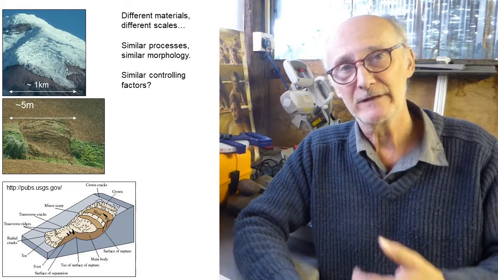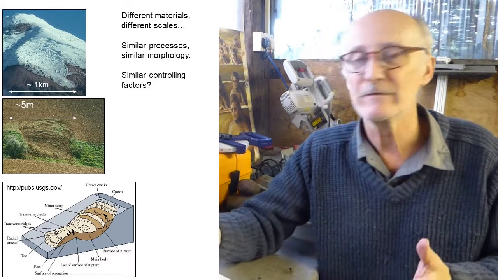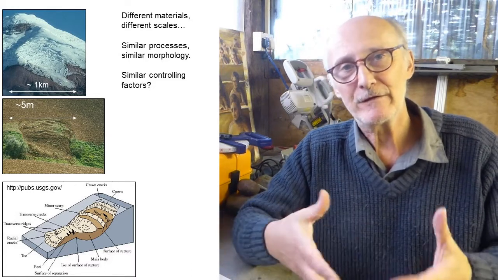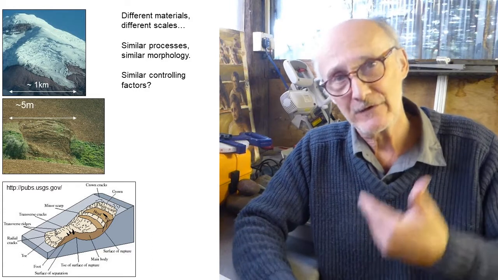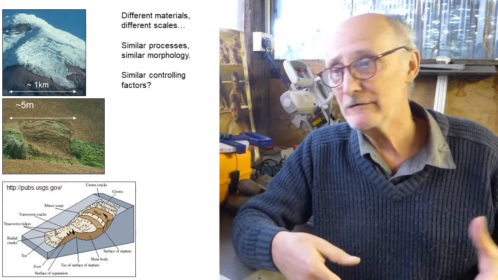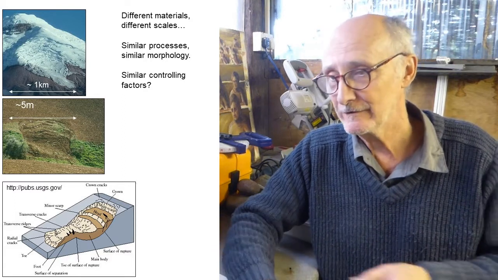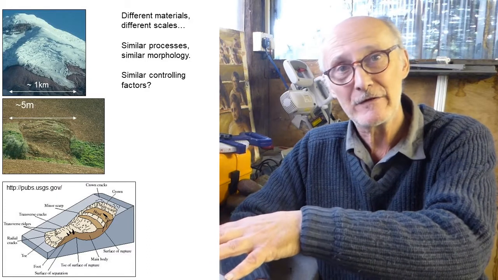You have materials with particular characteristics, the ice or the sediment on the surface there, which have a certain amount of resistance. If the driving force overcomes the resistance, we get movement, and then the mechanisms or processes of that movement lead to features on the ground surface or on the ice surface. And look, the features are actually very similar.